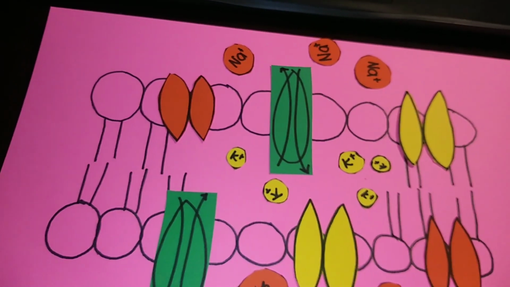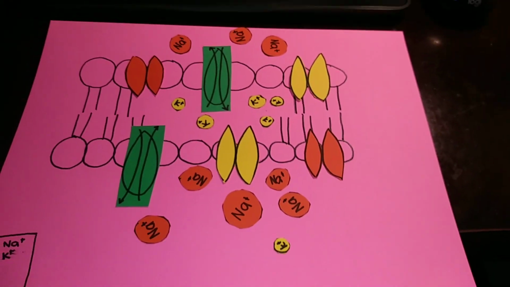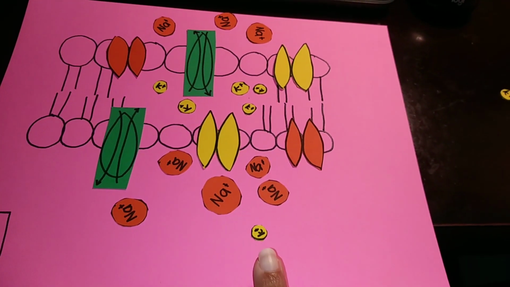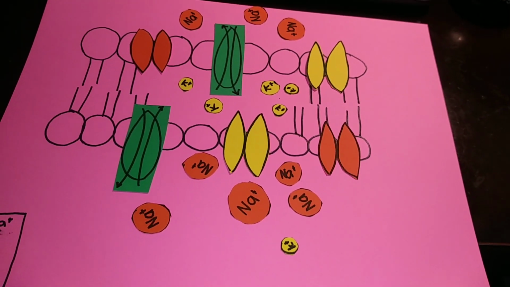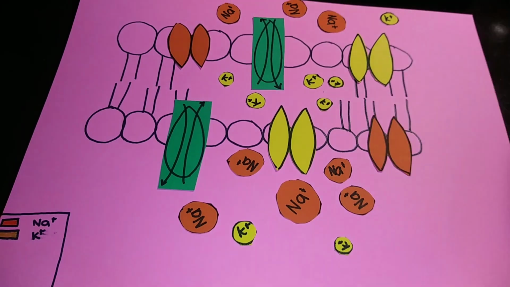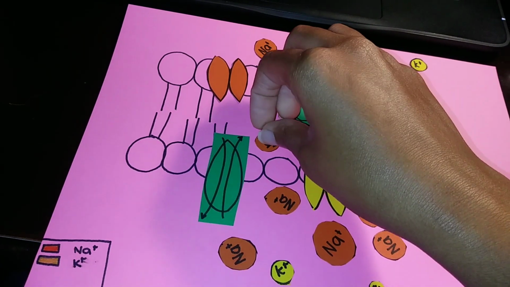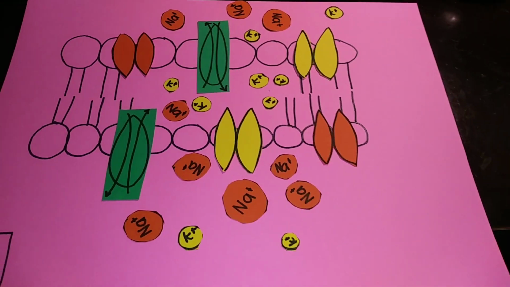But occasionally there will be some that go on different sides. Sometimes some K plus will be on the outside. It's not going to be a whole lot, but there will be some. And occasionally there will be one Na on the inside of the neuron.